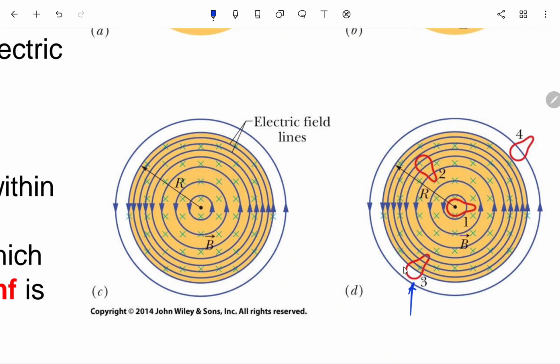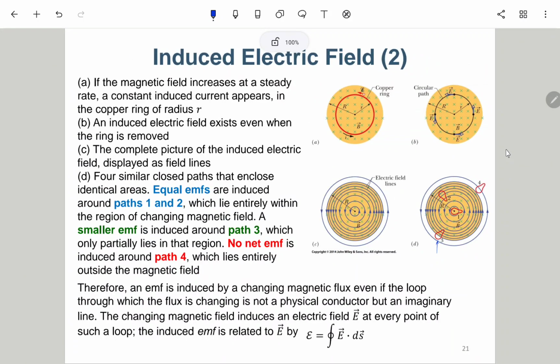So for path 3, dΦ_B/dt is smaller than for path 1 and path 2. For path 4, this should be zero, because there is no B field and no changing B field. So no net EMF is induced around path 4. I think this is easy to understand.